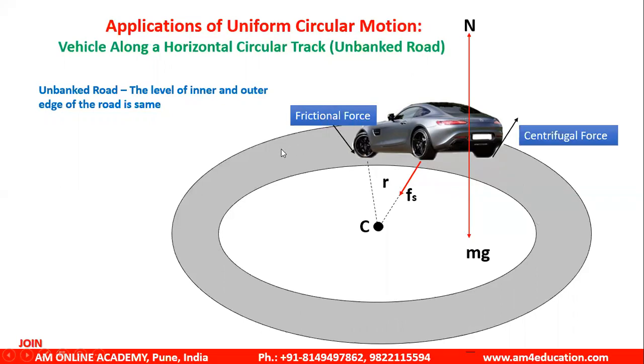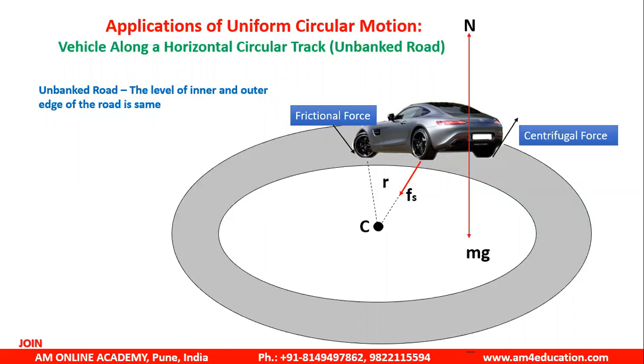While the car is moving with a certain speed along this curved path of radius r, there are two forces acting on this car, the centripetal force as well as the centrifugal force. The centripetal force is balanced by the frictional force between the surface of the road and the wheel, and the centrifugal force is pulling the car out of the track.